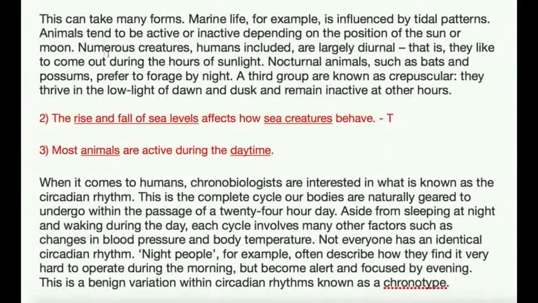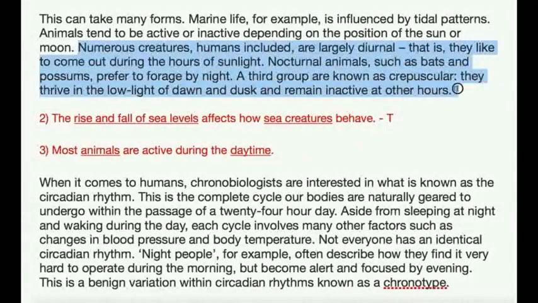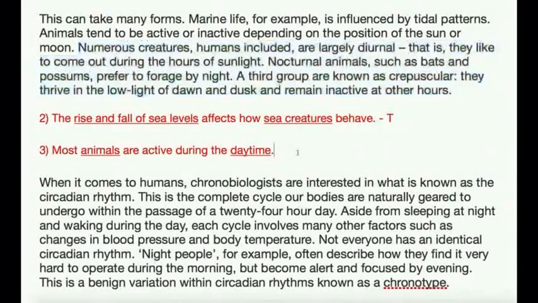However, if you look at the reading here, it does not tell us whether most animals are active during the daytime. We don't know whether more animals are active at night or during the day, just that many are active during the day. We could maybe assume more are active during the day, but we don't actually have the answer. It's not in the text. So in that case, this one is not given.